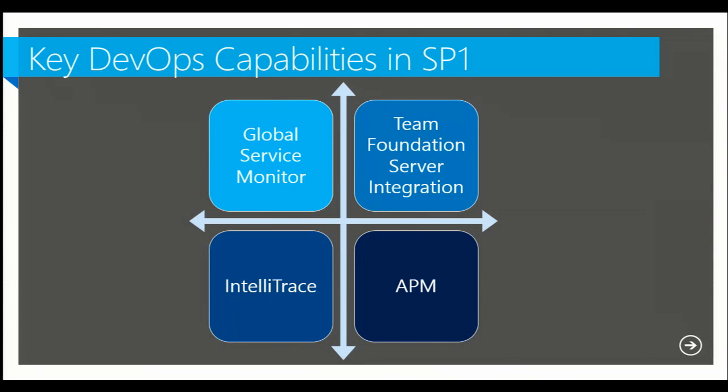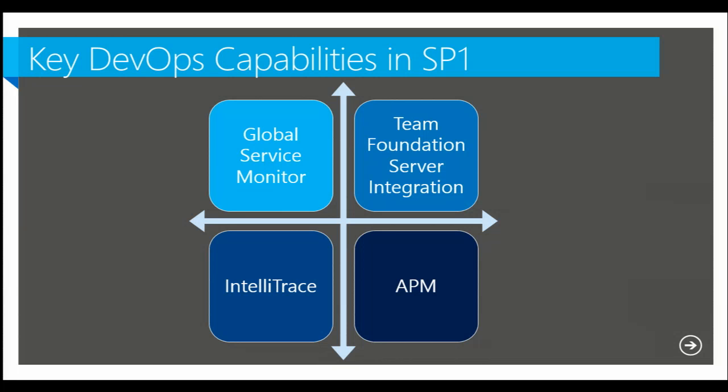On the other corner, I put the Global Service Monitor. The Global Service Monitor allows you to create the web tests, so the synthetic transactions, with the Visual Studio tool, and developers many times already have those.